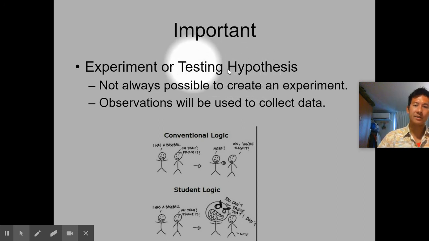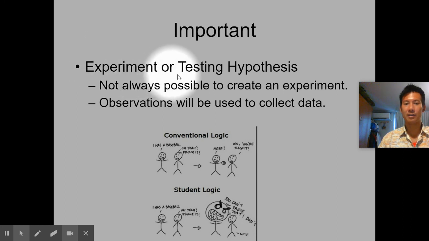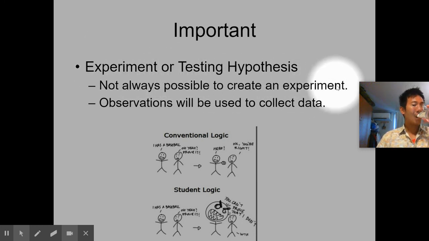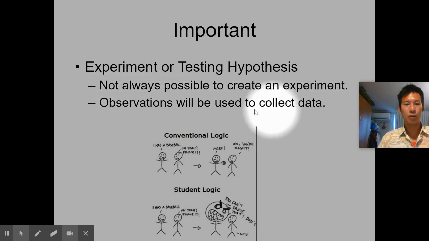Okay, experiments and testing your hypothesis. Okay, for example, here's another thing to consider. It is not always possible to create an experiment, all right? During these situations, all you can do is observe and jot down your observations. Okay?